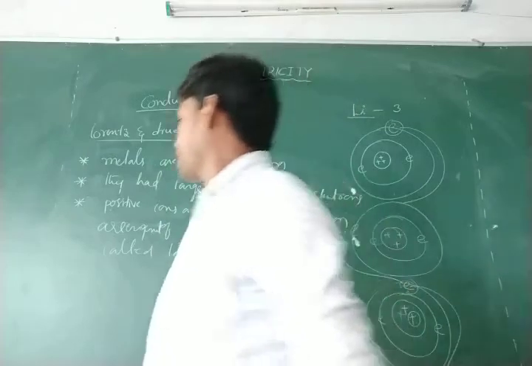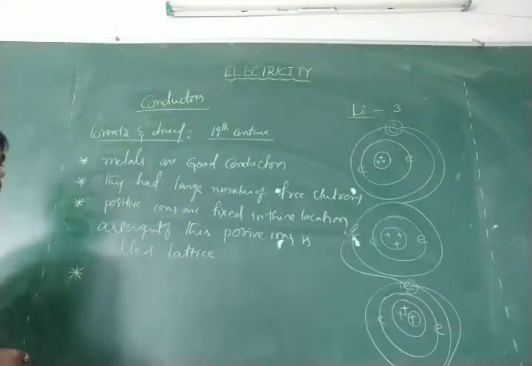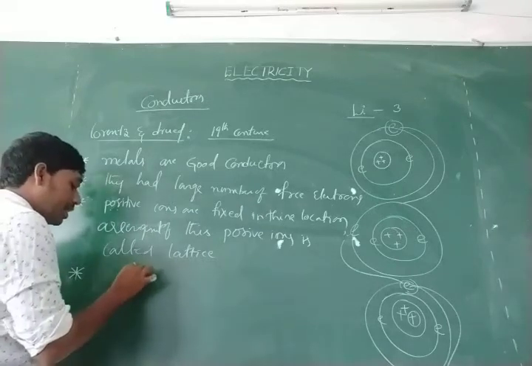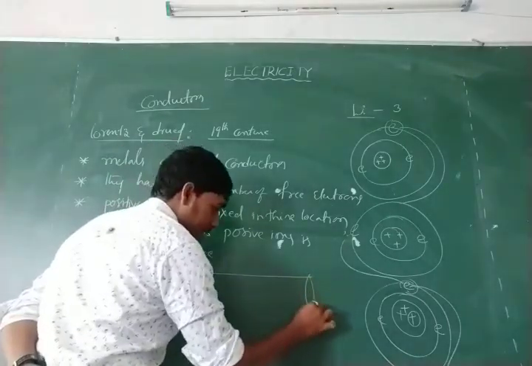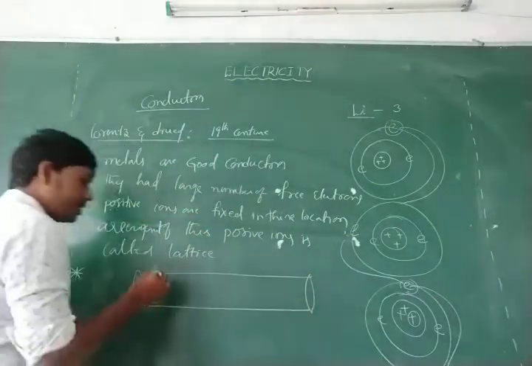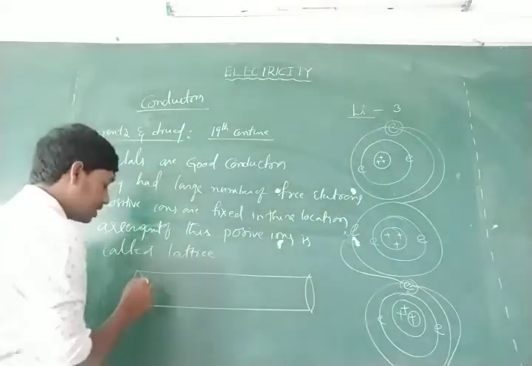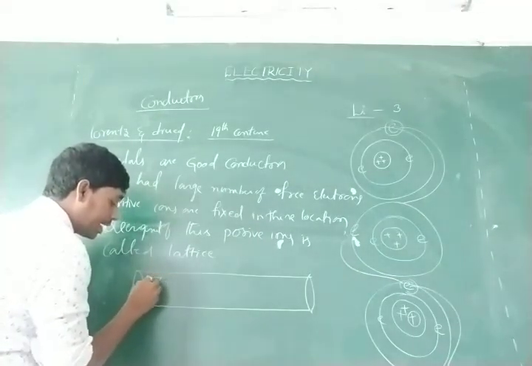And what they further explained is, if you take a conductor, conductors are in a cylindrical shape, and inside the conductor the electrons are in random motion.